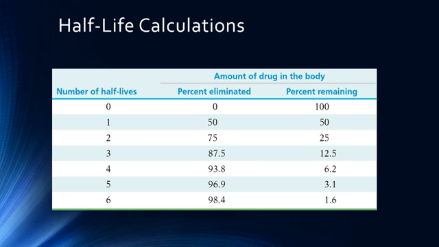Instead of percent, think of this as 100 milligrams. After one half-life, 50 milligrams remain. After two half-lives, 25 milligrams remain. Another half-life, we're cutting that in half again, 12.5. Cut it in half again, 6.2, down to 3.1, down to 1.6. For most drugs, we consider pretty much total elimination to occur at about 5.5 half-lives.